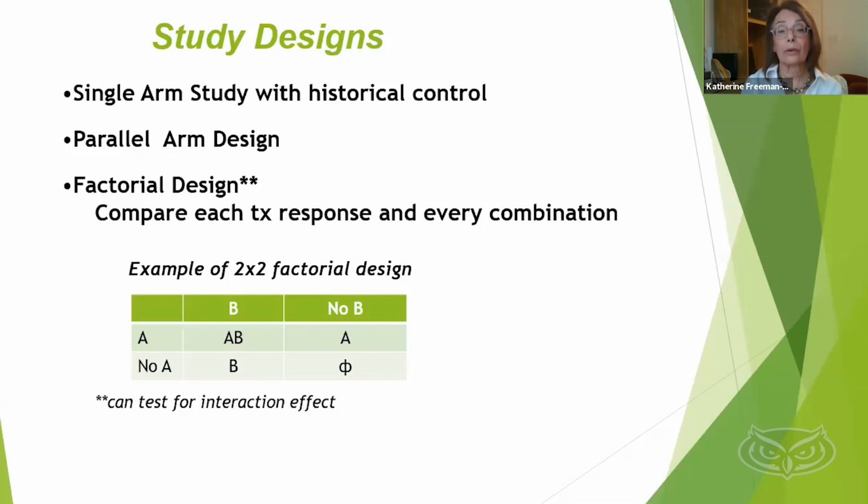And then what I put in there as a phi would be either a placebo, or in a behavioral trial is really treatment as usual, or enhanced treatment as usual. Okay.